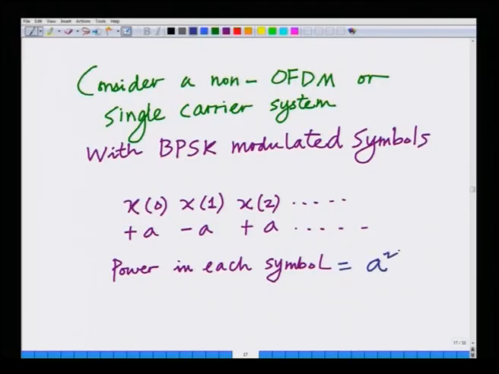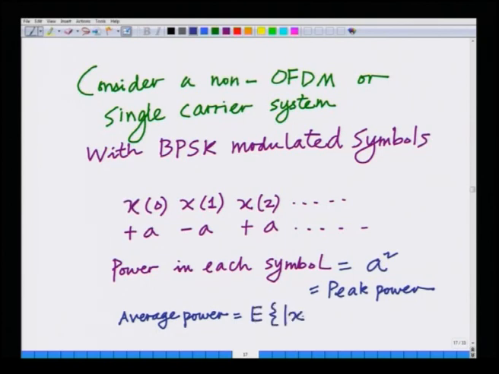So, the power in each symbol is A square, which is also the peak power, because the power in each symbol is the same. So, the peak power is A square as well as the average power is also A square. How about the average power? Equals expected magnitude x k square. The average power is also A square.